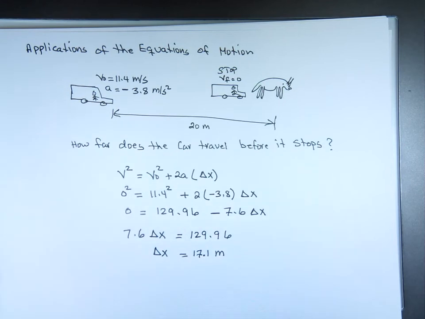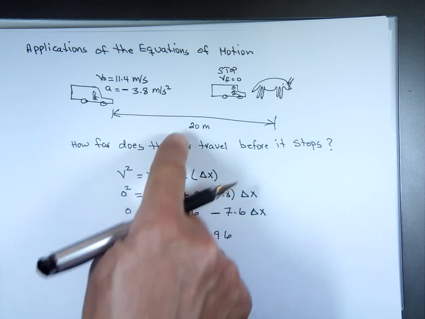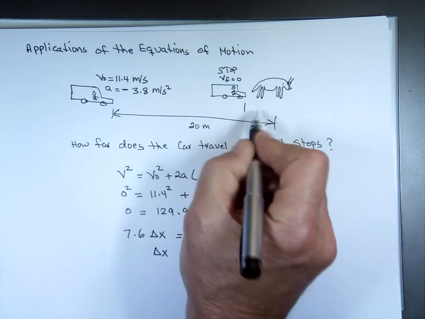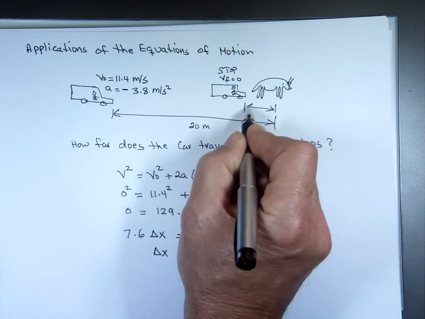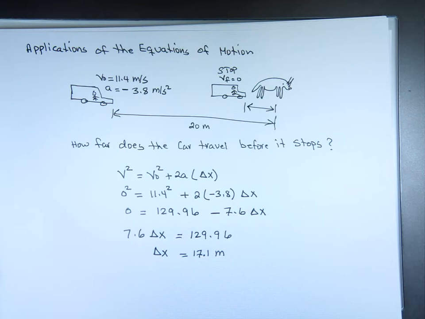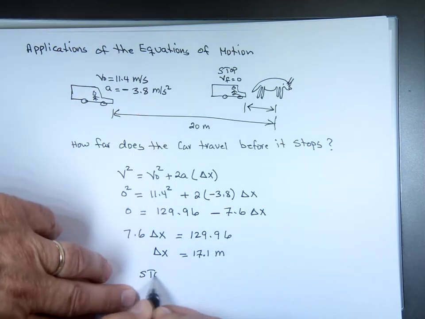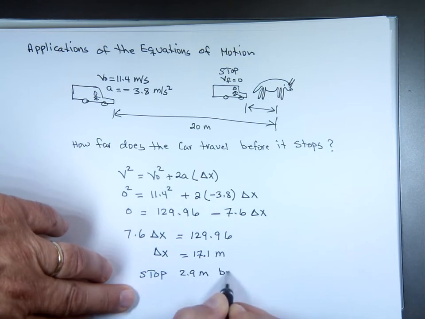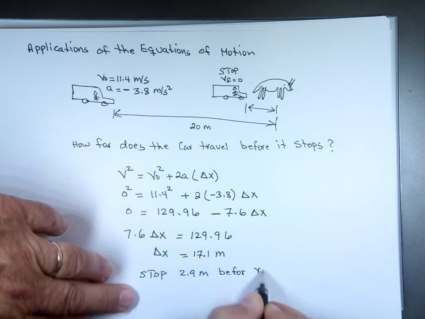So it's going to take the car 17.1 meters to actually stop. The deer happens to be what? 20 meters away. Are we going to hit the deer? So how far from the deer are we going to stop? What's that distance? 2.9. Yep. So you're going to stop 2.9 meters before you reach the deer.